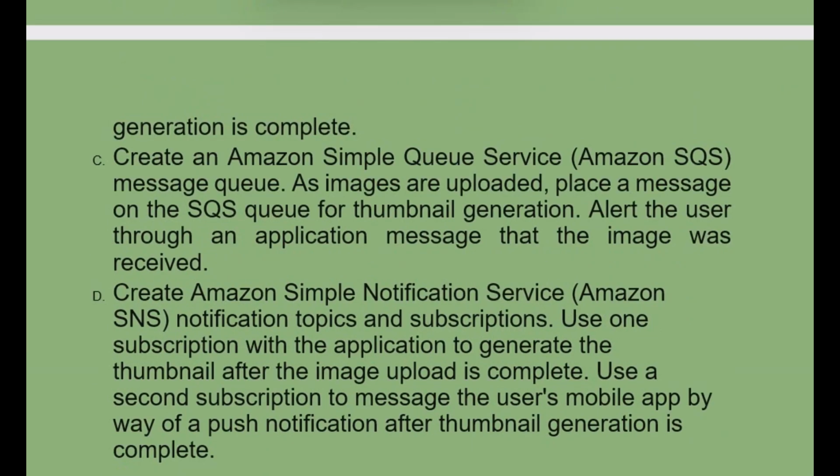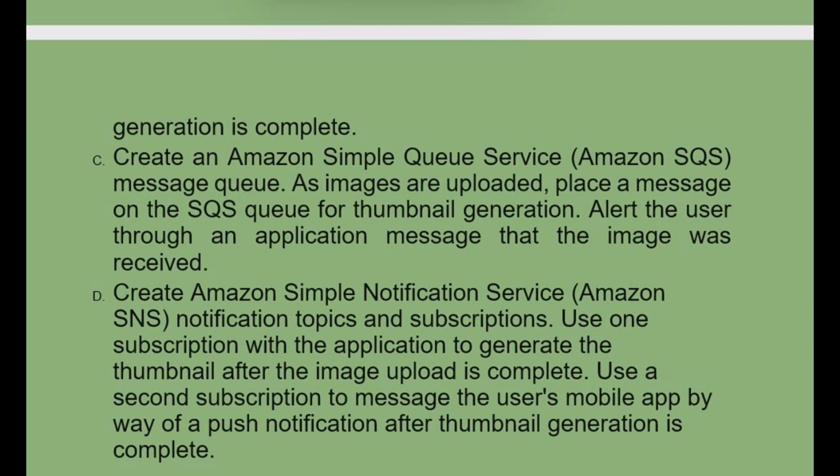Option C. Create an Amazon Simple Queue Service (Amazon SQS) message queue. As images are uploaded, place a message on the SQS queue for thumbnail generation. Alert the user through an application message that the image was received.